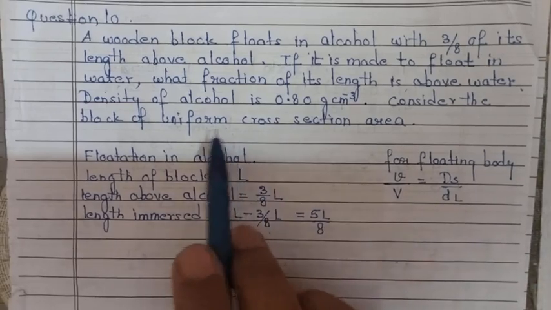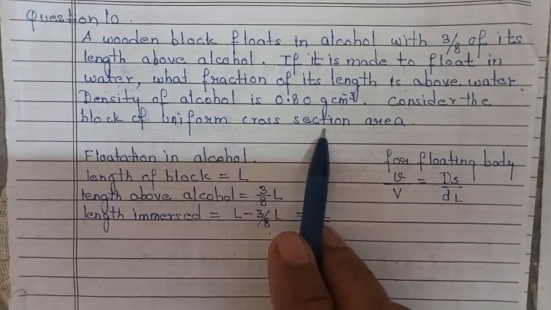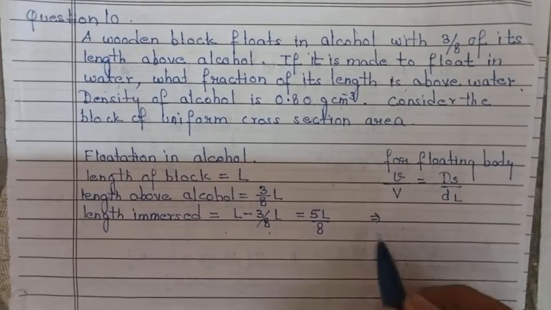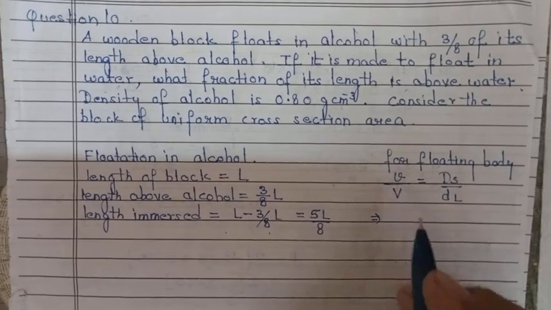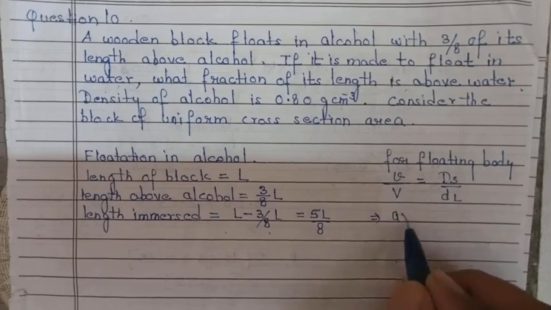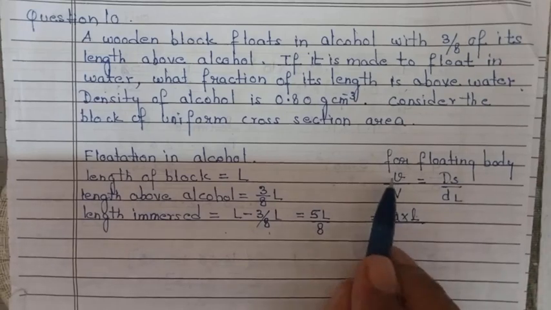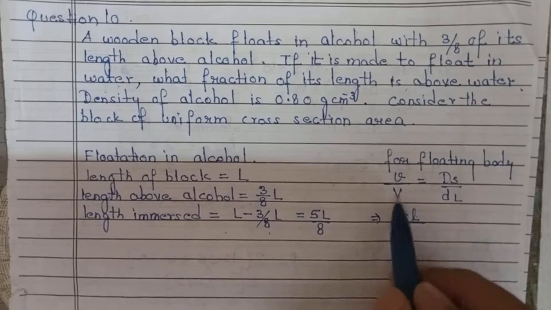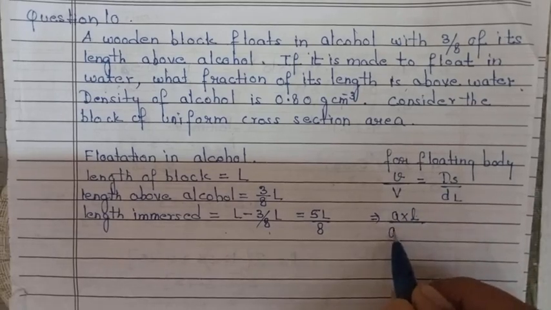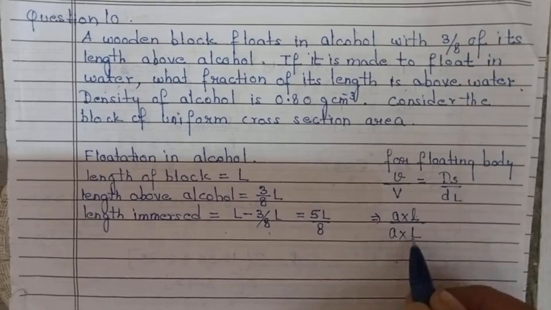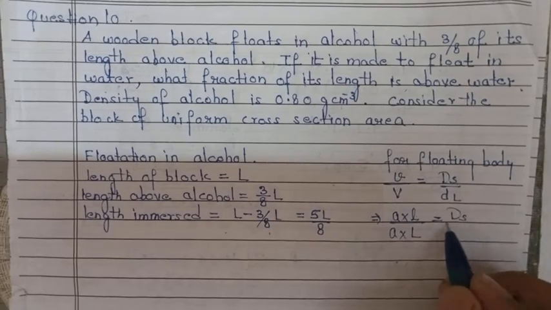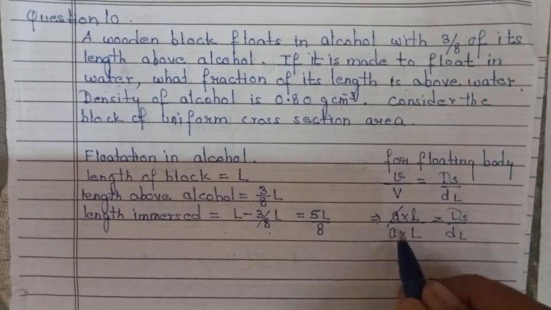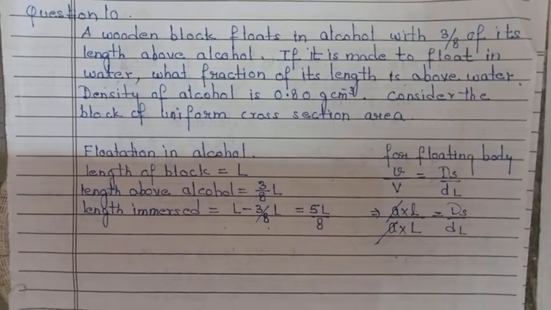Now further, as the body is of uniform cross section, in this formula volume submerged can be replaced by area of cross section into small l, that is the length submerged. And capital V, the total volume, will be written as area of cross section into total length, capital L. So the area of cross section will cancel out as the body is of uniform cross section.